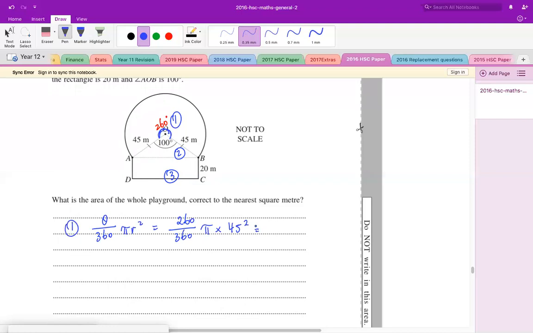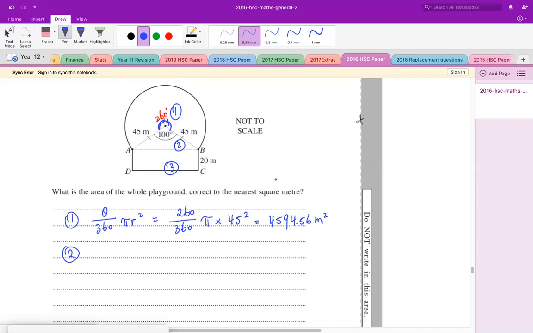So that's equal to 4594.56 meters squared.